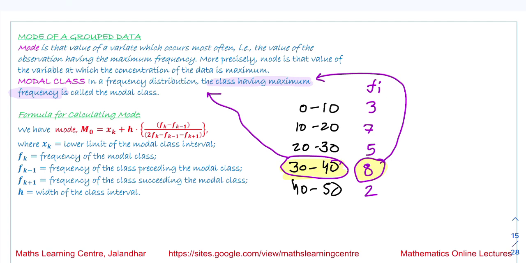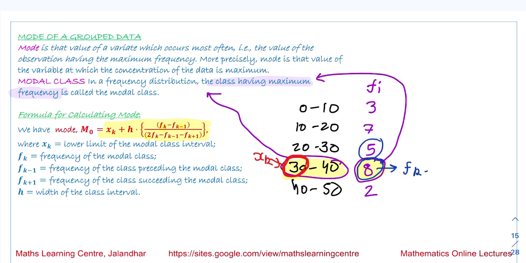Now the formula to calculate the mode is xk plus h into fk minus fk minus 1, divided by 2 times fk minus fk minus 1 minus fk plus 1. What are these values? If this is the modal class, the value 30 is xk, the lower limit of the modal class. The frequency corresponding to this modal class is fk.